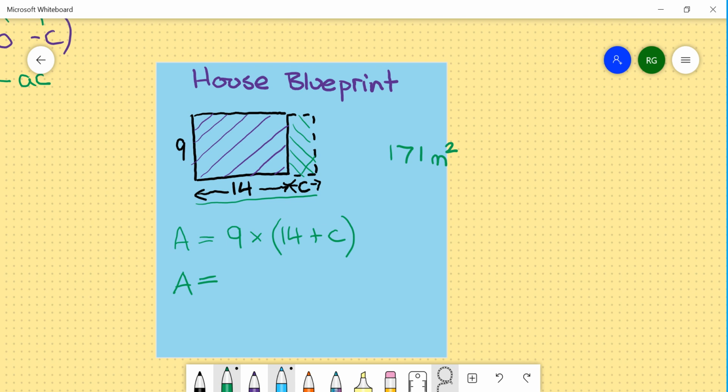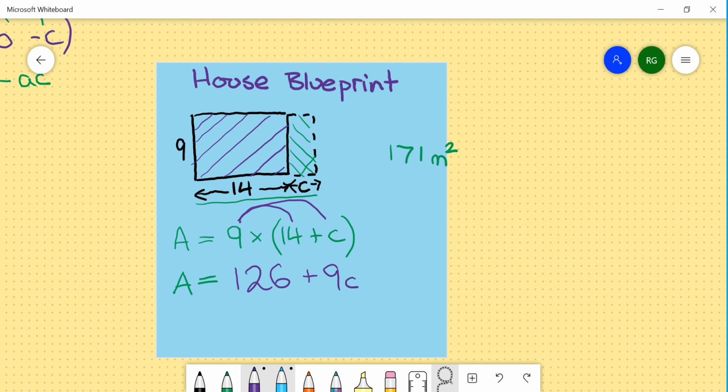So if I was to now solve this using our rules, 9 multiplied by 14 is 126, and 9 times C is 9C.